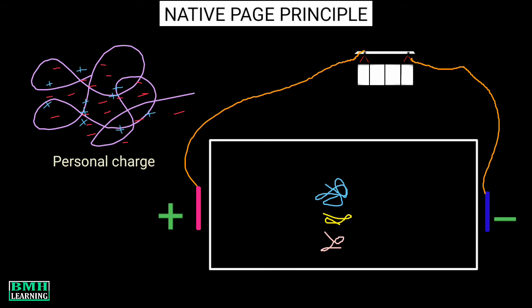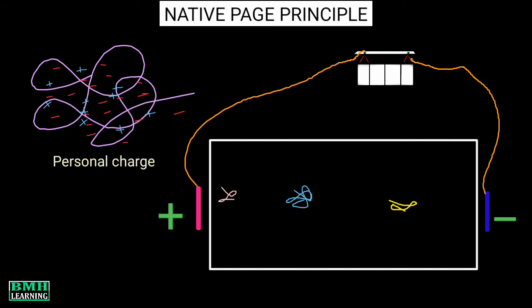Now, as we know, they are having different size, shape, and net charge. Depending on this, a specific protein will end up being trapped in a particular location of the polyacrylamide gel where it belongs. And every time we do this procedure, we find the protein moved to the same position in the gel.